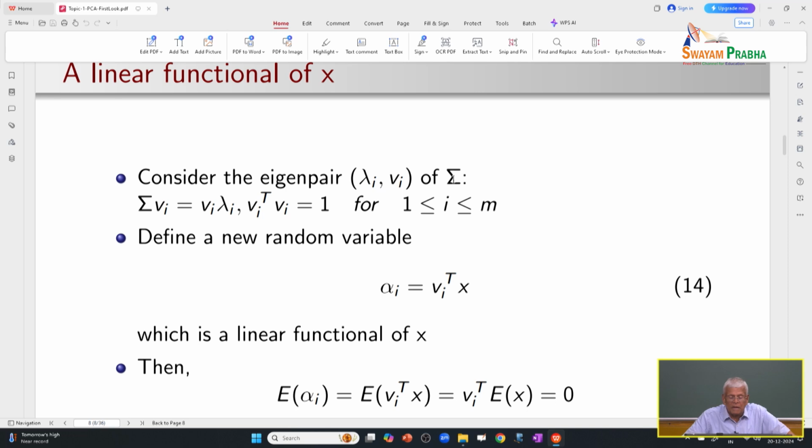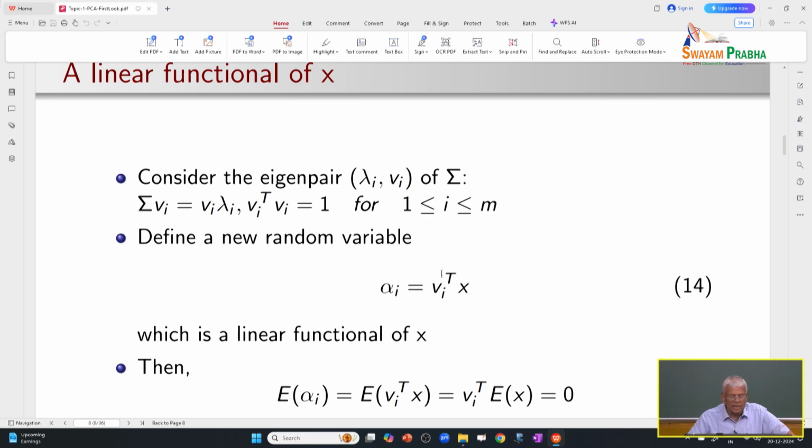Please understand, sigma is a given matrix. There is nothing random about sigma. I know its eigenvalues and eigenvectors. X is random, Vi is not random. I can compute the inner product of Vi with X. Since X is random, alpha i is random. So the alpha i's are random scalars expressed by the inner product of Vi with respect to X. Now please understand, Vi transpose X is a linear function.